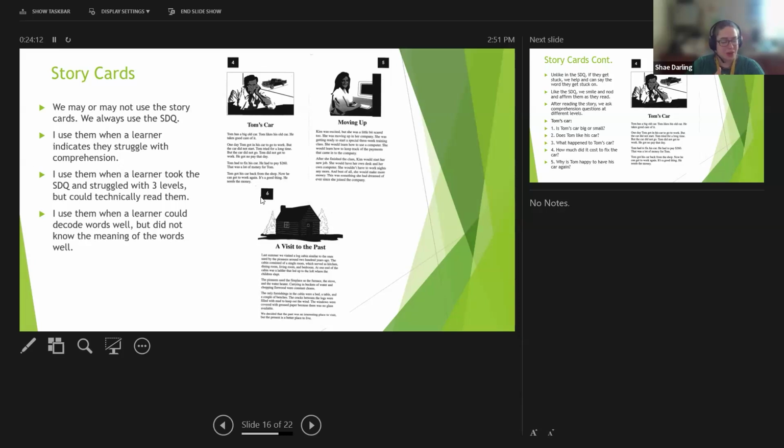Or if on their SDQ their pronunciation feels like it's between a few levels and I can't really match it, I will pull out the story cards and have them read the story and then ask them questions about it. Or if their decoding level was really high, but they didn't know any of the words, I'm like, well, okay, let me test your reading comprehension. And I will have them read the story.